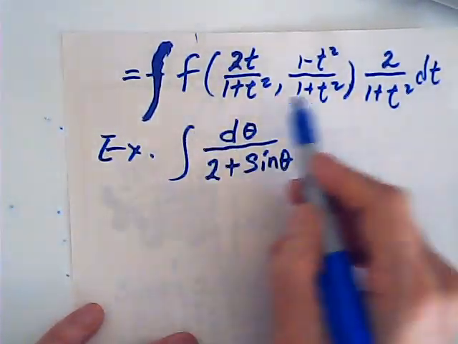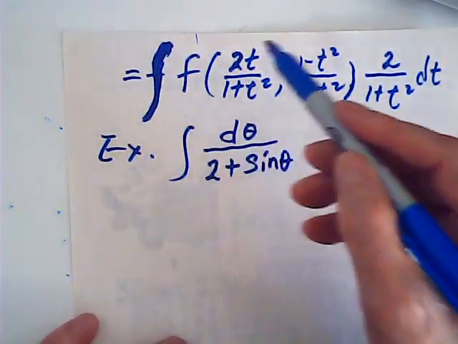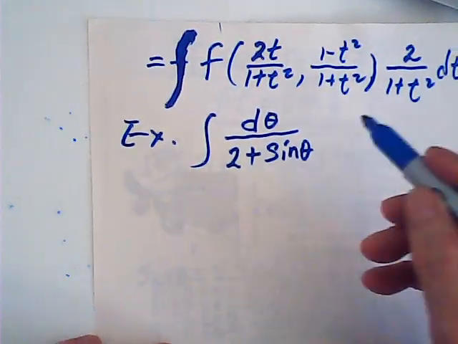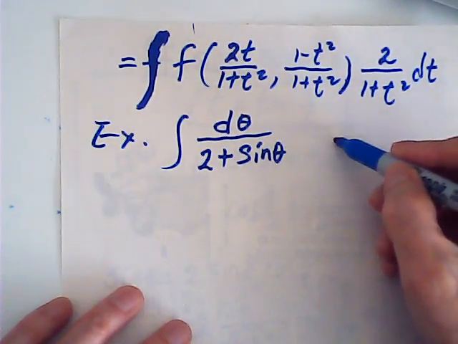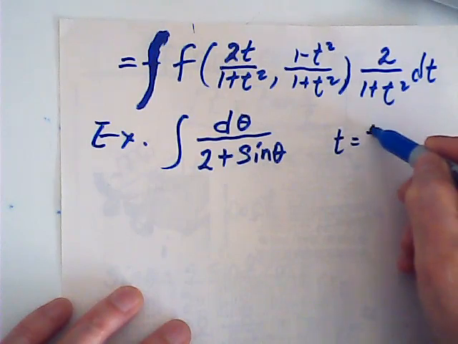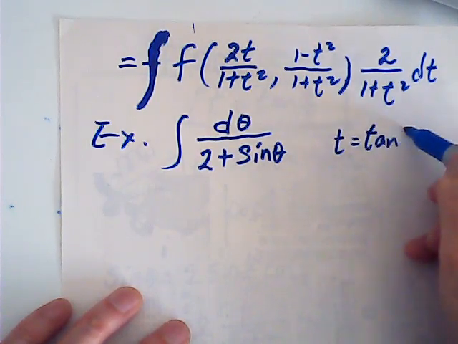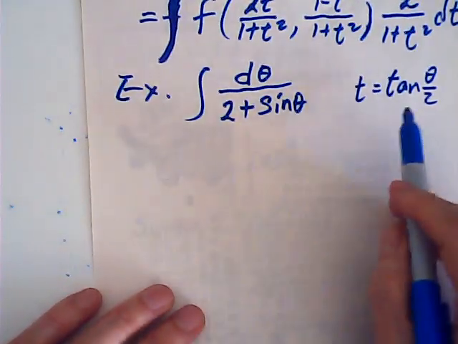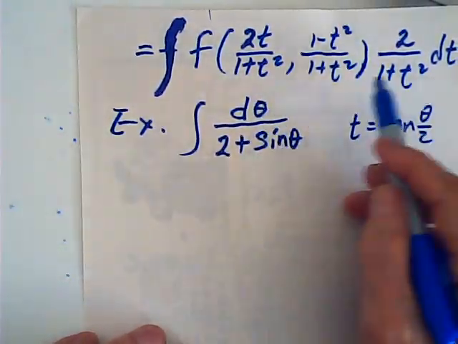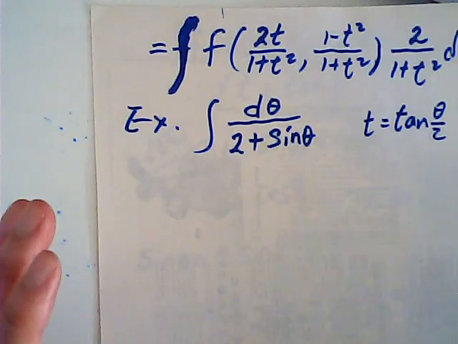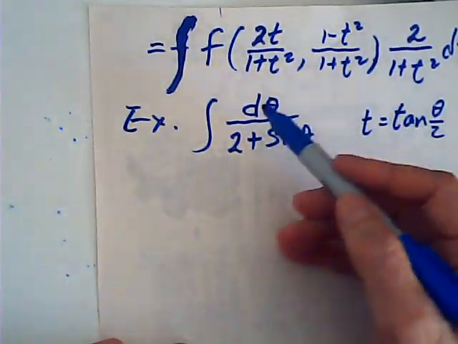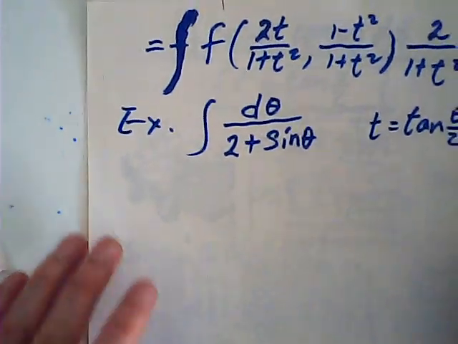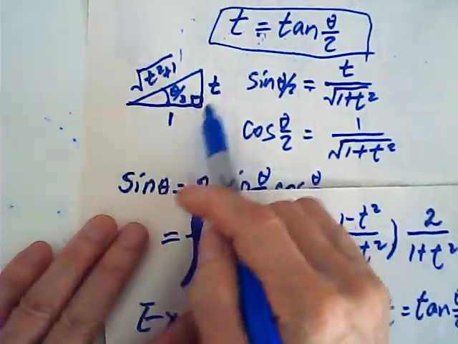So if you try this method, then we let t equal tangent half theta. Now, if you remember these substitutions, then it's okay. But if you don't remember, you can easily derive them from this triangle.